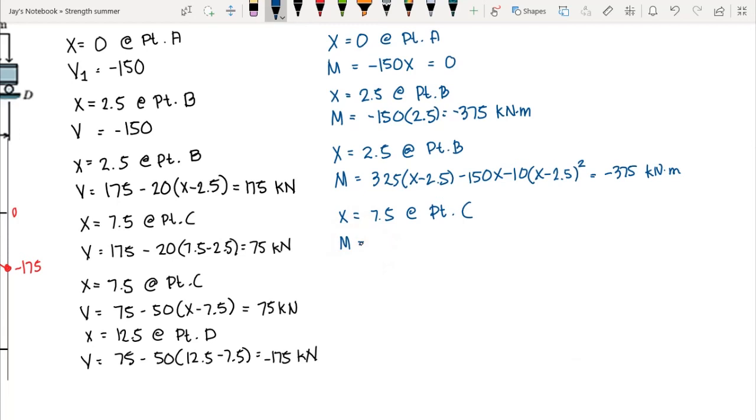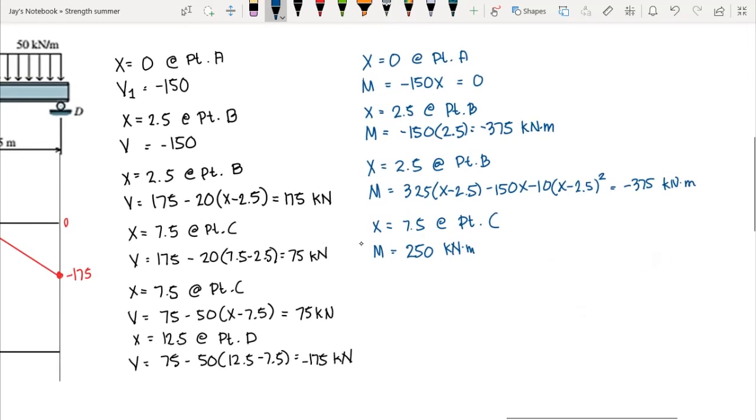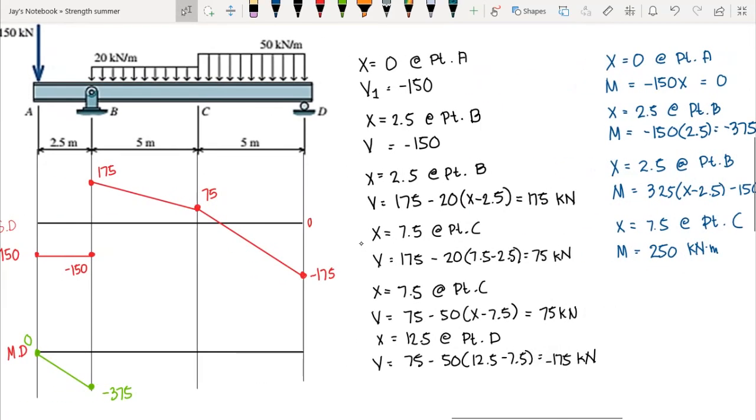Then we could get the answer, and our answer here is equal to 250 kilonewton meter. That is positive, so we have to plot that above our reference line. So at point C, we have 250 positive, so we can plot it at this point.